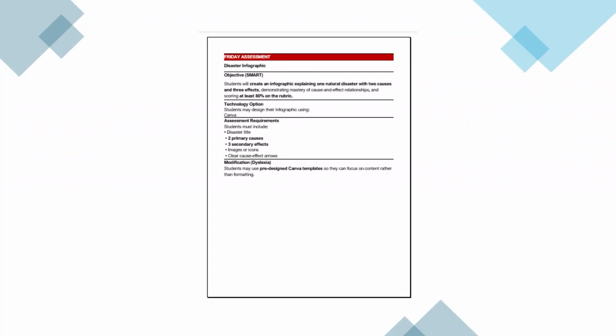Break it down into an infographic chart. What is the title? The two primary causes. Give me three secondary effects. The images, icons, cause and effect, anything. Just direct me into something that lets me know that you did this.